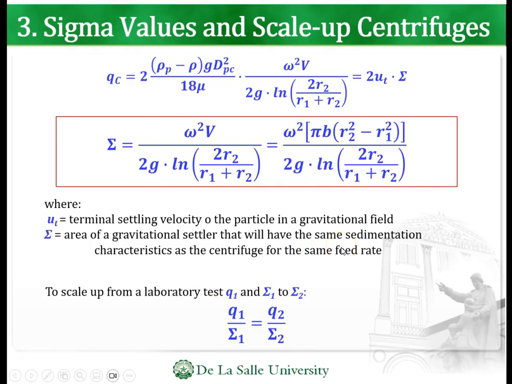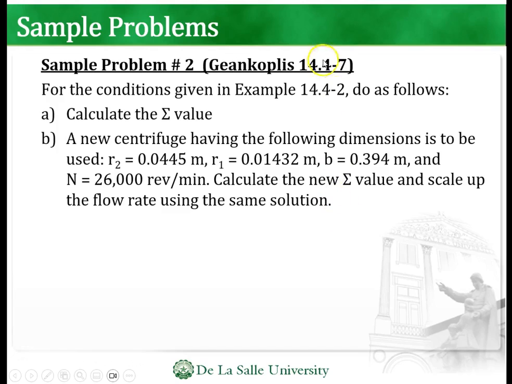So let's go to another problem. Problem number 2, again from Geankoplis. For the conditions given in the first example, do as follows. Calculate the sigma value, and a new centrifuge having the following dimensions is to be used: R2, 0.0445; R1, 0.01432; B, 0.394.